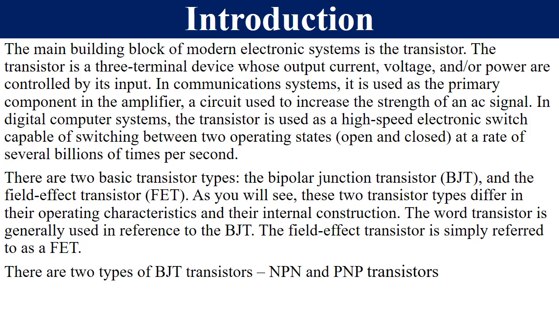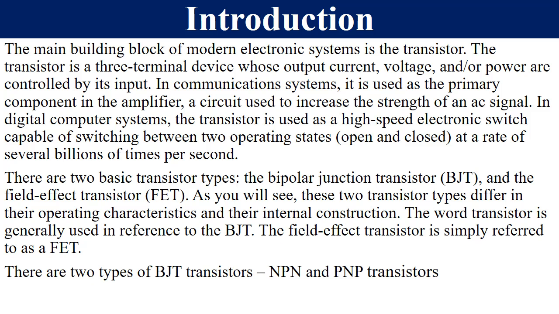Guys, there are two types of transistors, BJT and FET. BJT makes use of two charge carriers, majority and minority charge carriers, while a FET makes use of either majority charge carriers or minority charge carriers, and in this case it makes use of majority charge carriers.